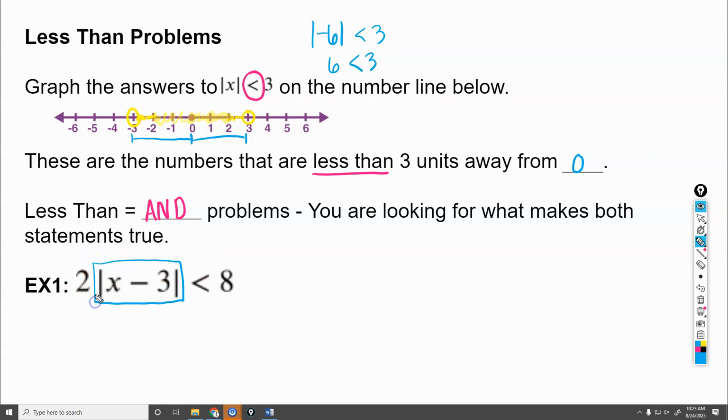I need to get rid of that 2 that is on the outside. How would I get rid of that? I cannot add it, because that 2 is right up next to the bar. So I'm going to divide. And that's going to give me absolute value of x minus 3 is less than 4.